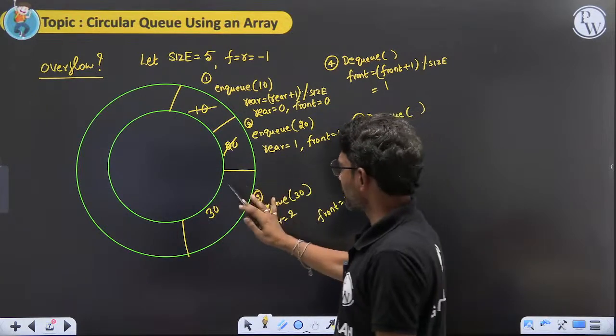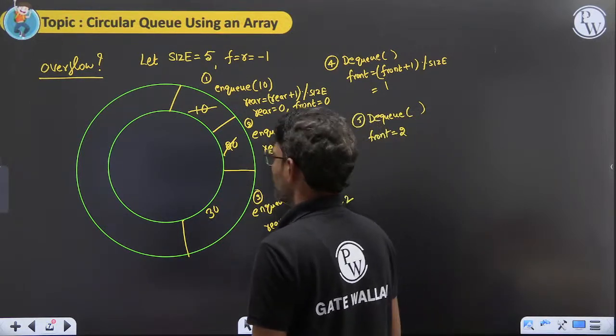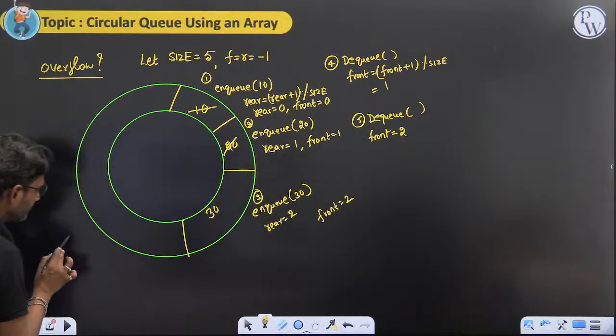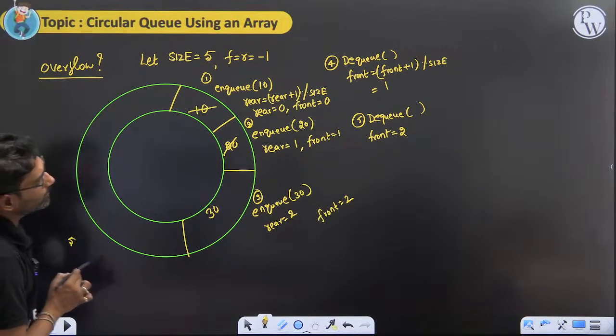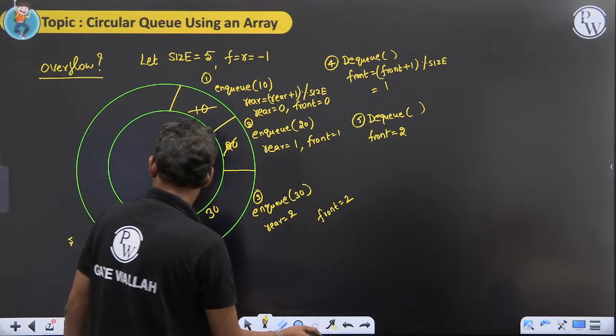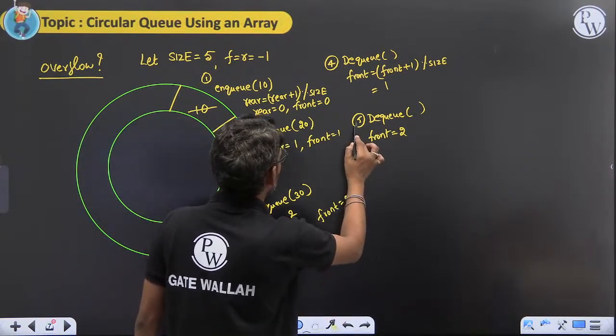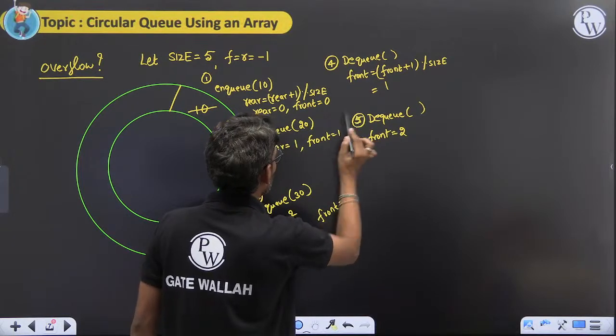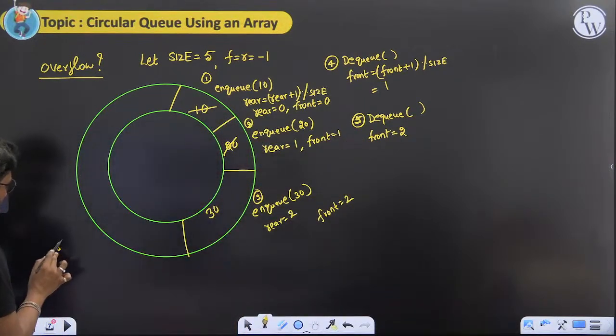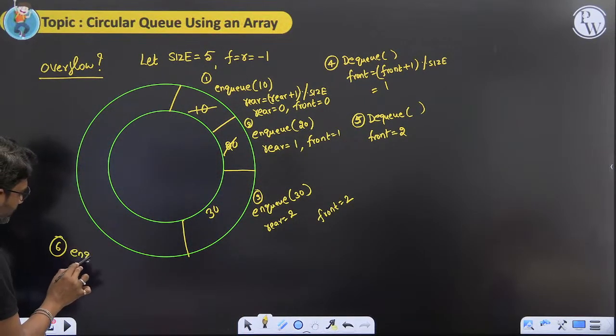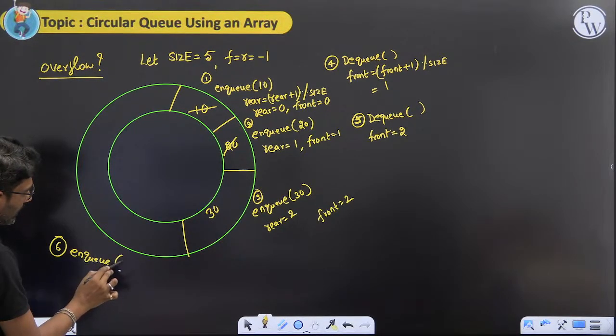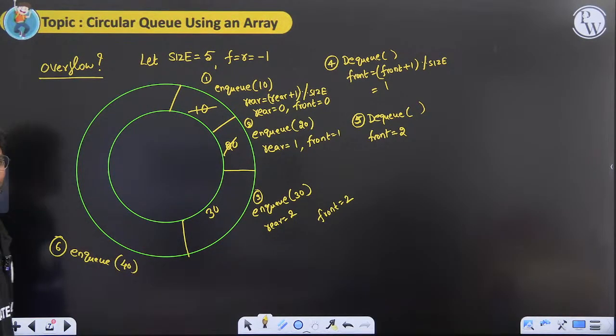Rear is also at 2. Now the next operation I would like to do is enqueue 40.